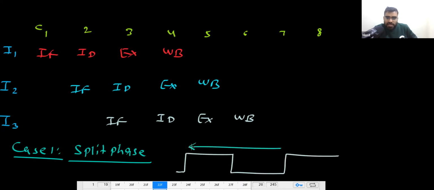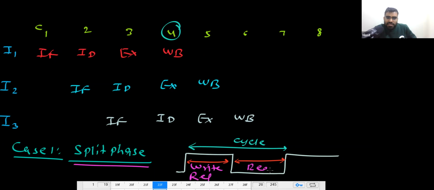If this is your cycle, like this is your C4, then in the first half we write the register, and then we read the register in the same cycle. In the same cycle, you can do these two.